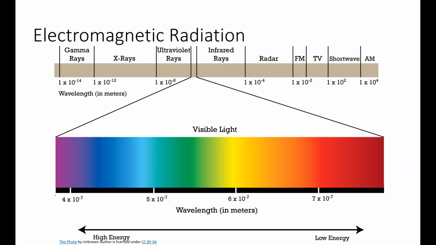Here we've got the visible light spectrum from about 400 to 700 nanometers, or 4 times 10 to the negative 7th to 7 times 10 to the negative 7th meters. And this is not as important as what happens if we look at the spectrum that's created by an element.